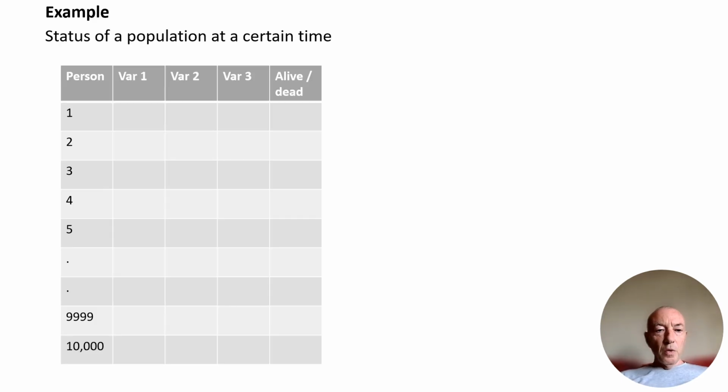So, for example, you can see here the status of a population at a certain time. We have one row for each person in the population, and then we have variable 1, variable 2, variable 3, and whether they're alive or dead at that point in time.